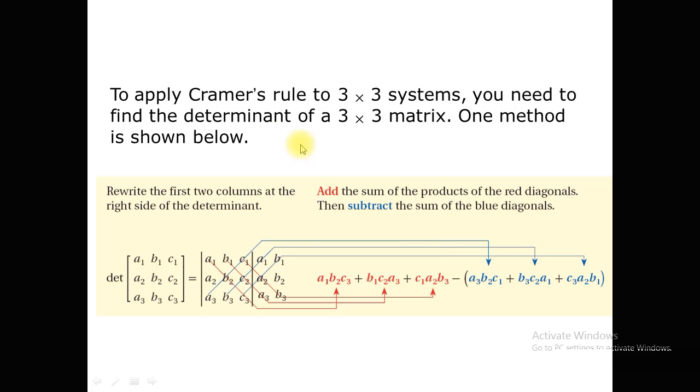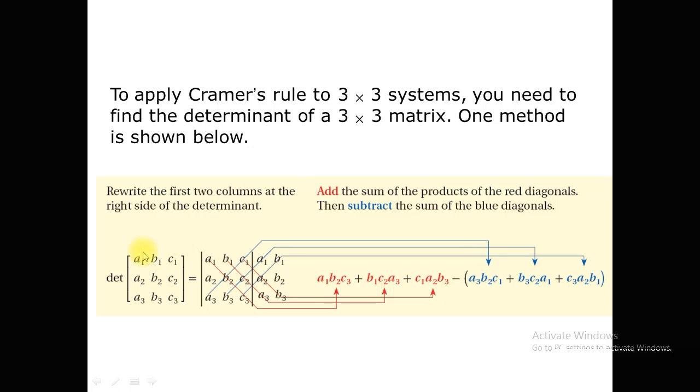Now, using Cramer's rule for a 3 by 3 system, we need to find the determinant of a 3 by 3 matrix. One of the methods, which we have already discussed in the previous lecture, is the cofactor expansion method: cofactor expansion along R1, along R2, similarly along R3, or along any column.